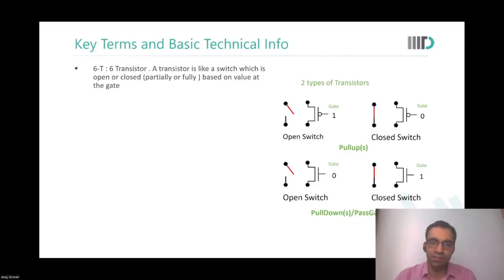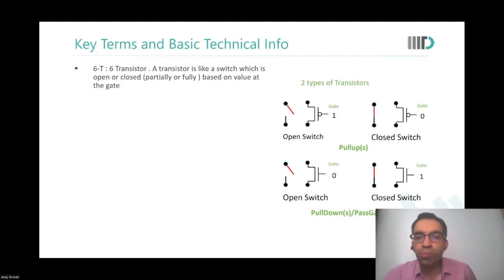That's pretty layman. And just to refresh, a transistor is like a switch, which could be open or it could be closed, partially closed or fully closed, based on what is the value at its gate. There are two types of transistors, PMOSs and NMOSs.